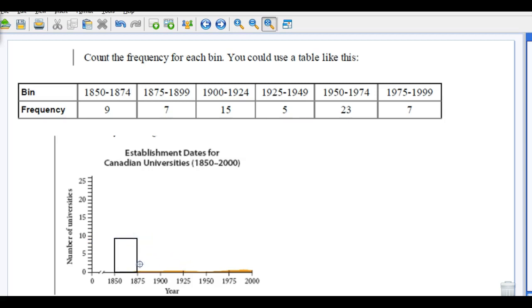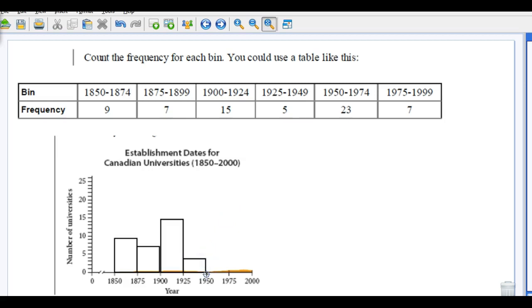Looks good. And then 1875 to 1899 is 7. So I'm going to go a little bit lower. Looks like this is 7 right here. Then 1900 to 1924 is 15. So I want to go to 15. Looks good right there. 25 to 49 is just 5.